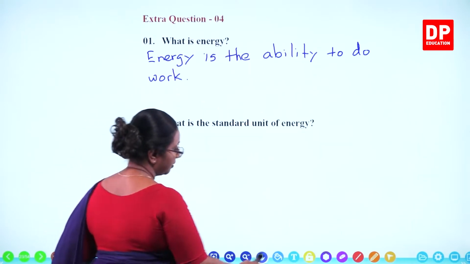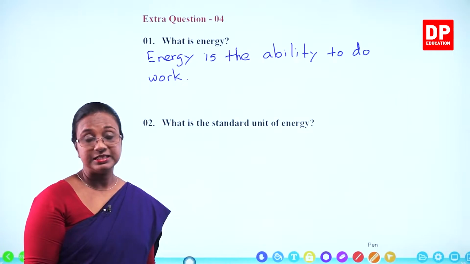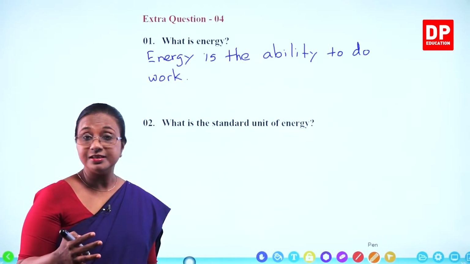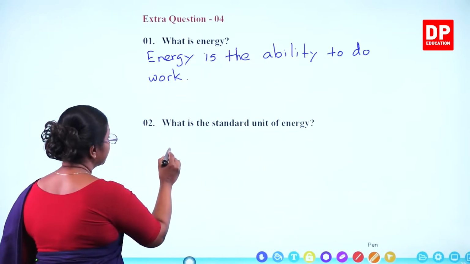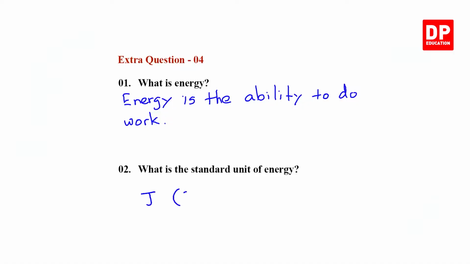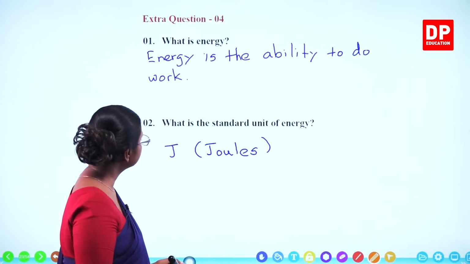Then the second part of the question, what is the standard unit of energy? Again, work done, energy, any form of energy, the standard unit is joules. So here again, J, if you want to write it in words, joules. They have named the unit after the scientist.